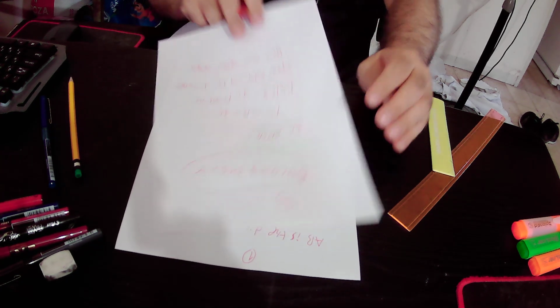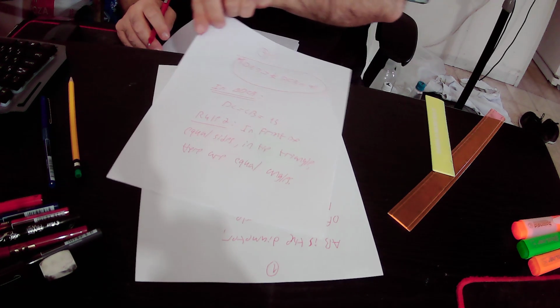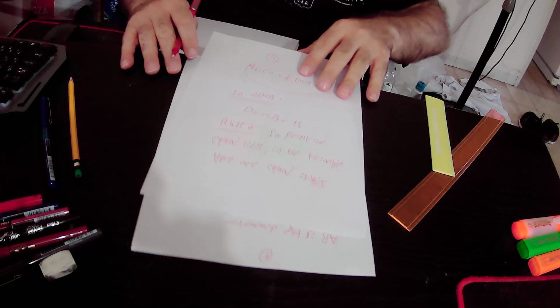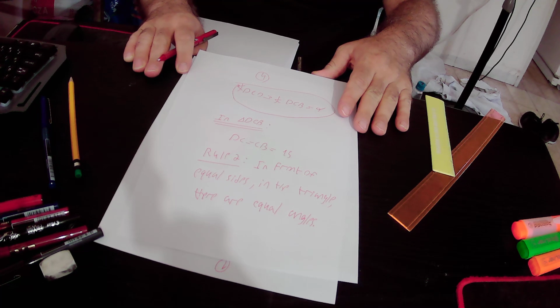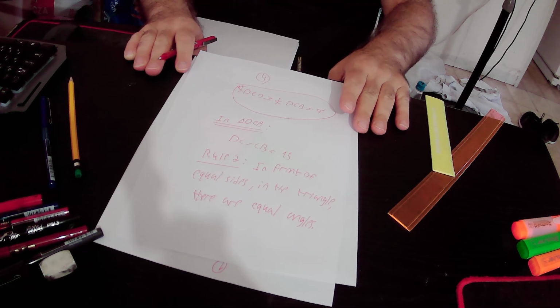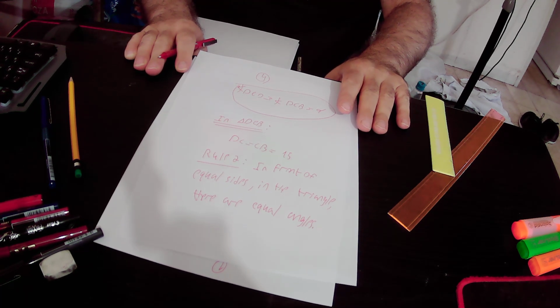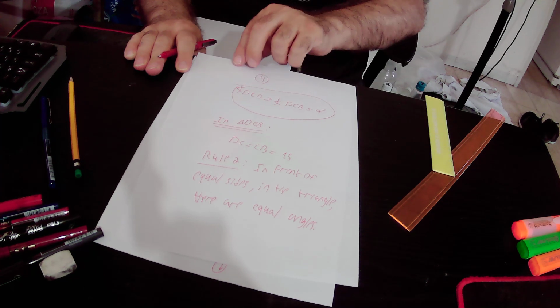So I will read rule number 2 again. Rule number 2 states that in front of equal sides in the triangle there are equal angles.